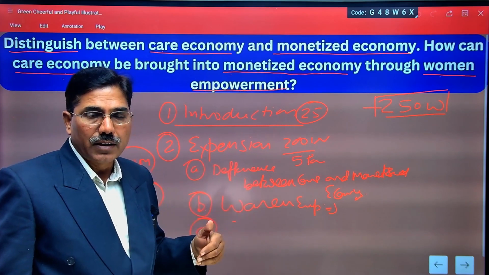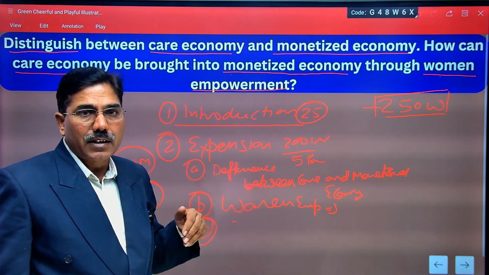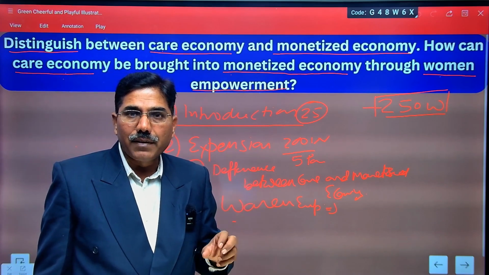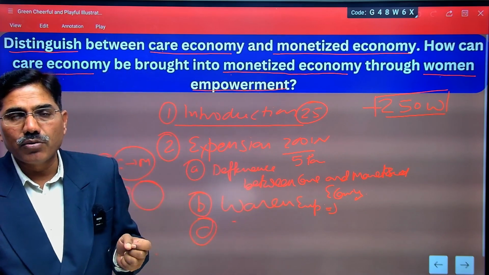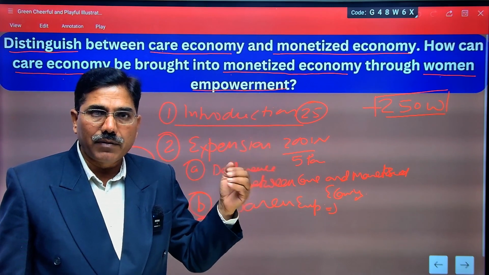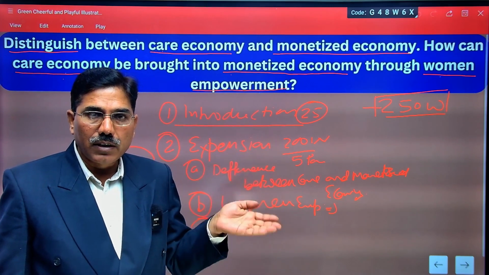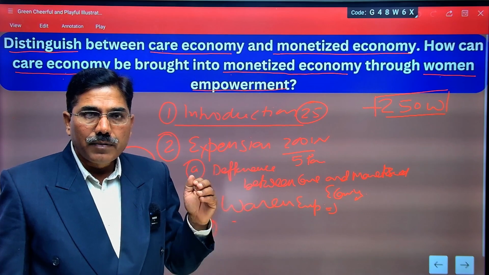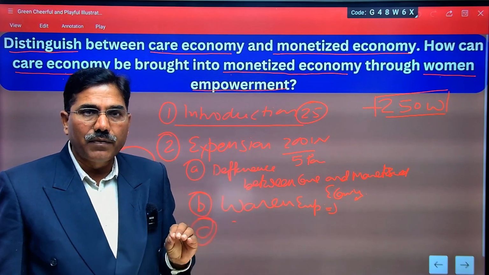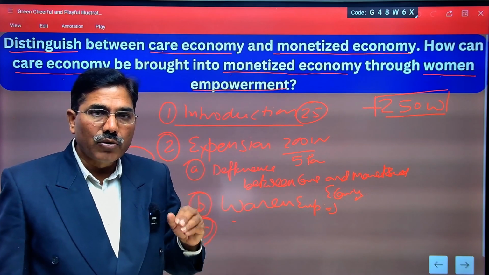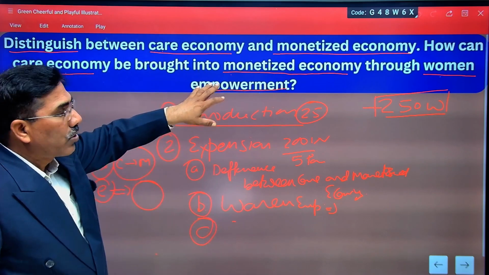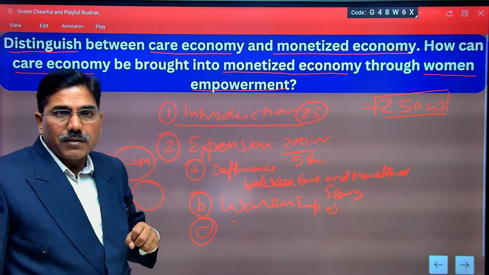In your conclusion, what is our desired target? Presently we are targeting inclusive welfare. Previously we talked about inclusive development. In the 11th Five Year Plan, our target was inclusive growth. In the 12th plan, our target was faster, more inclusive and sustainable growth. Presently, in the 2023-24 budget, our target is inclusive welfare. By doing so, we can achieve the target of inclusive welfare, which is our priority at present.